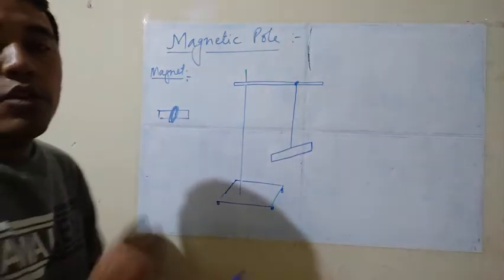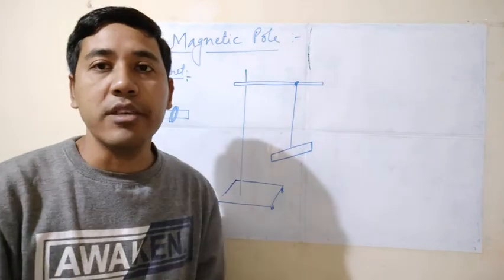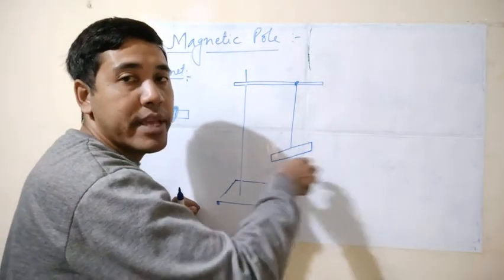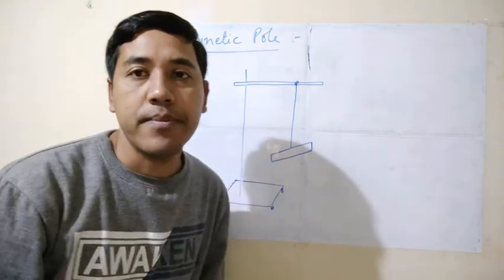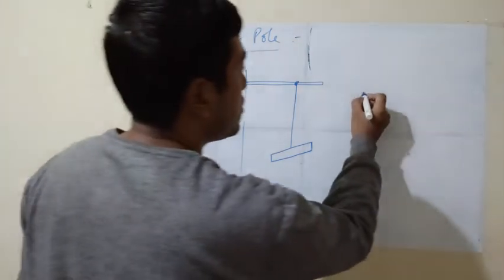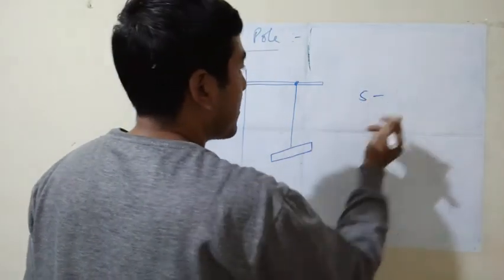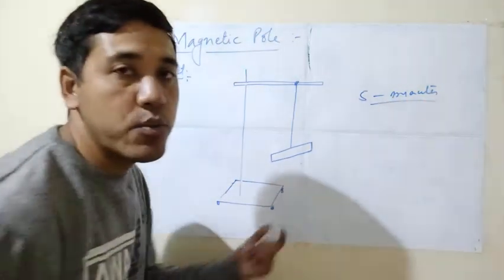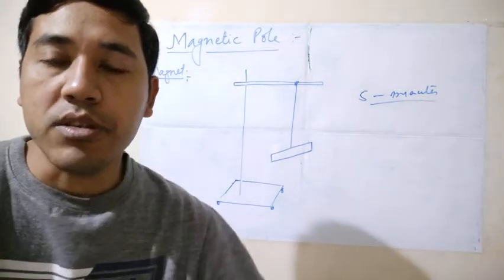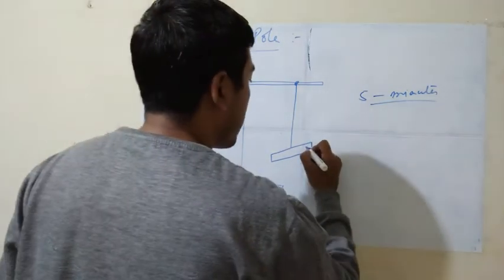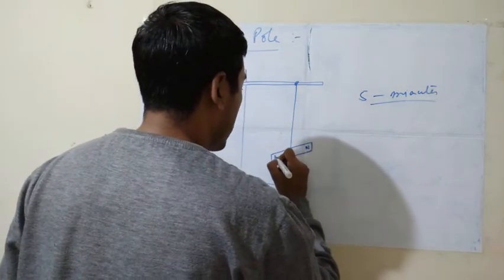Just move this bar magnet and simply leave it. Keep this bar magnet for around 5 minutes. Then the bar magnet will come to a rest position and will not move. At that time you can see this position: this is the north pole, this is the south pole.